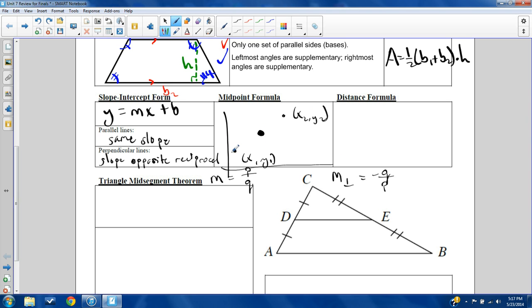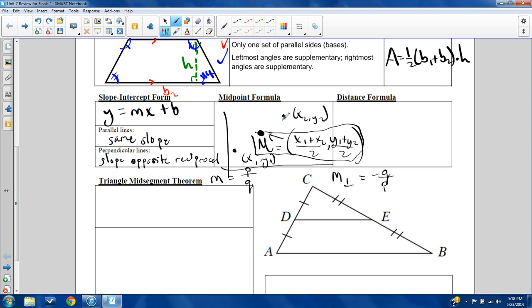So if this is x1 away, this is x2 away, this is right in the middle of that. I have to take the average of it. So my x value will be x1 plus x2 over 2. Remember, just like the trapezoid, taking the average of the lengths to get the one that's right in between. And same with the y's, I need to do y1 plus y2 over 2.